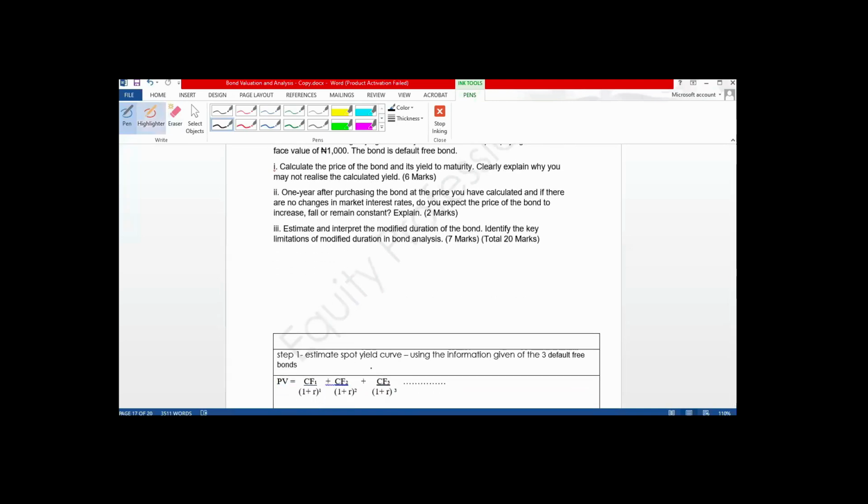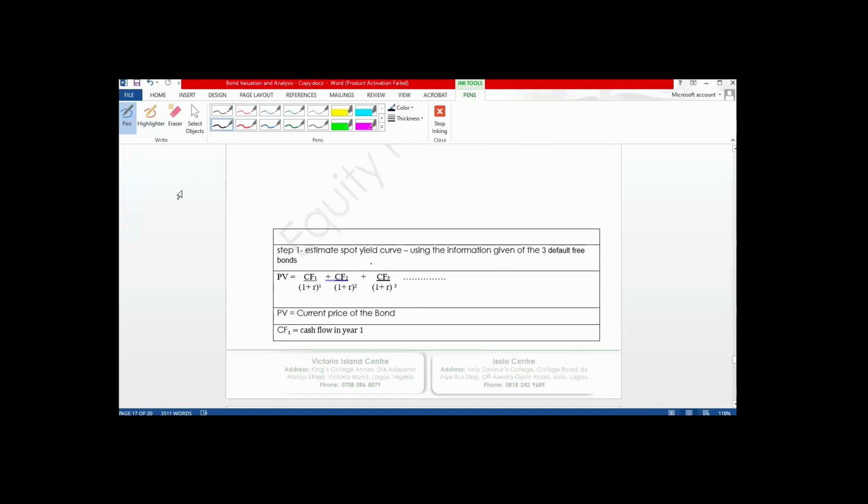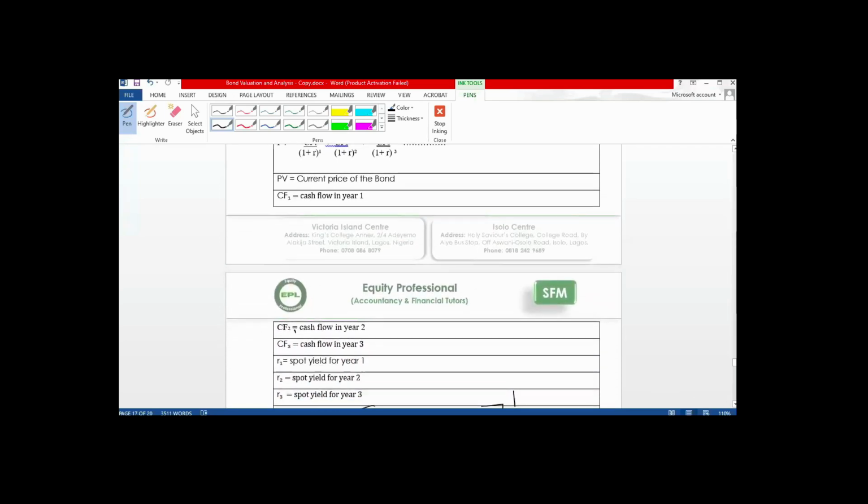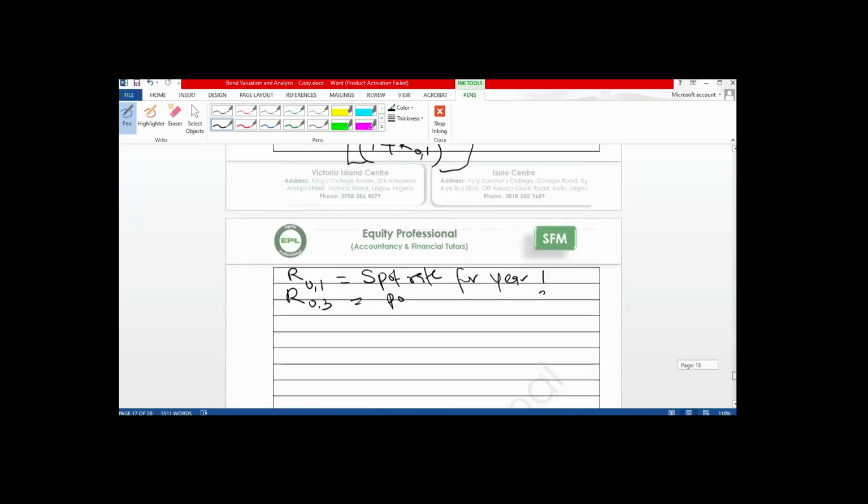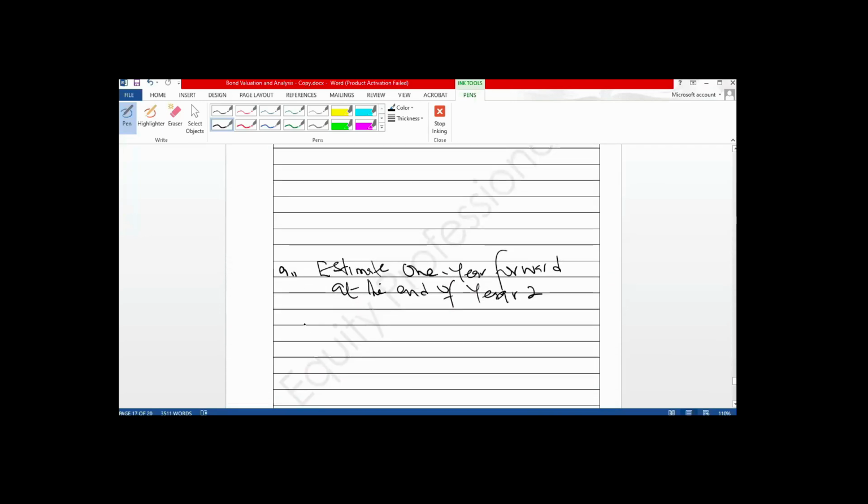The formula becomes F starting from 2, maturing in 3.